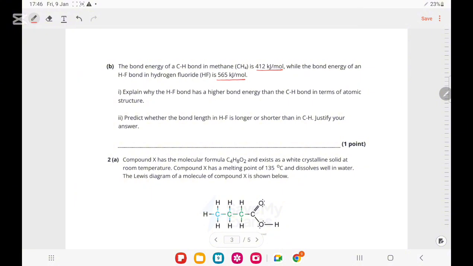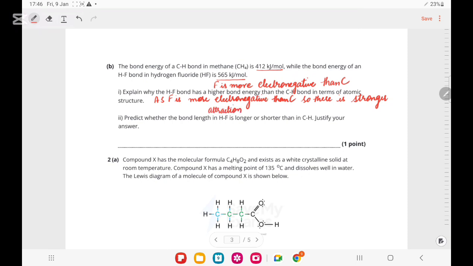As we know that fluorine is more electronegative than carbon, there is stronger attraction between bonding electrons and nucleus.